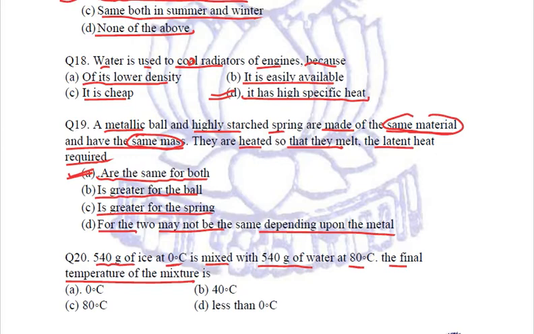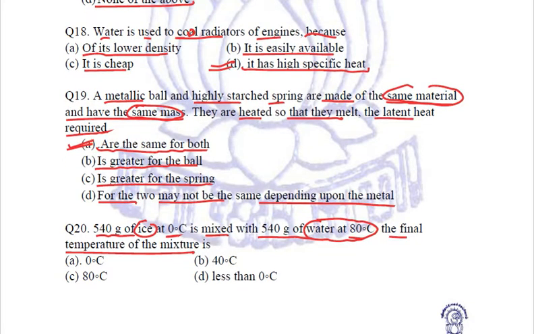We have to calculate how much heat will be absorbed by ice and how much will be the heat given by water at 80 degrees. The formula we know is Q is equal to M into L, where M is the mass and L is the latent heat.